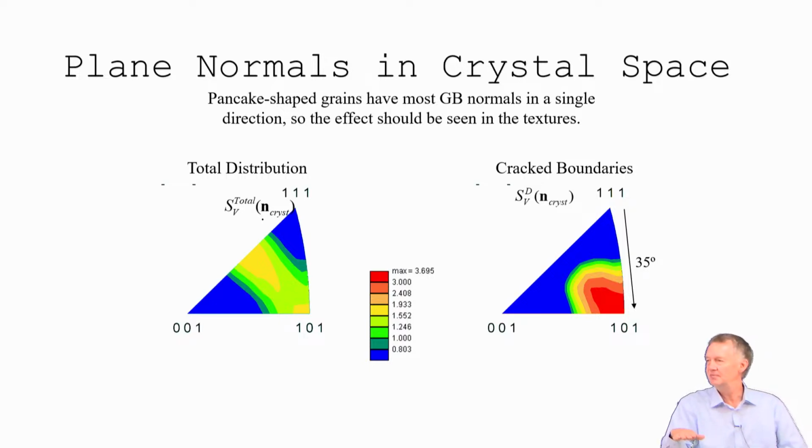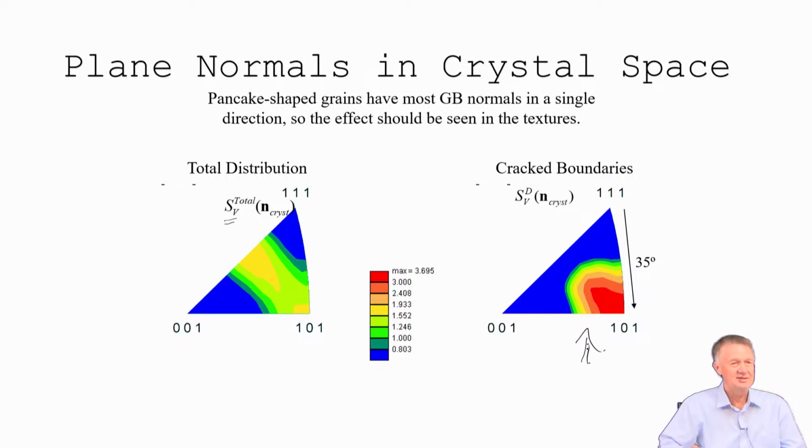They're pancake shaped. But now we're looking at the crystal lattice and the orientation frame of the crystal lattice. So this is surface area per unit volume for crystallite orientations that are lying up against those boundaries. This is the entire distribution, this first one here on the left. The one over here on the right is only the cracked boundaries.